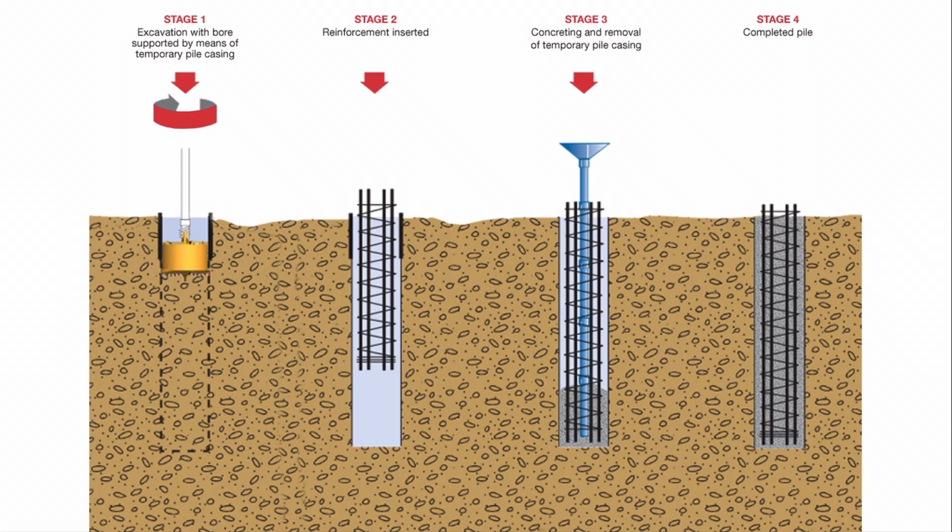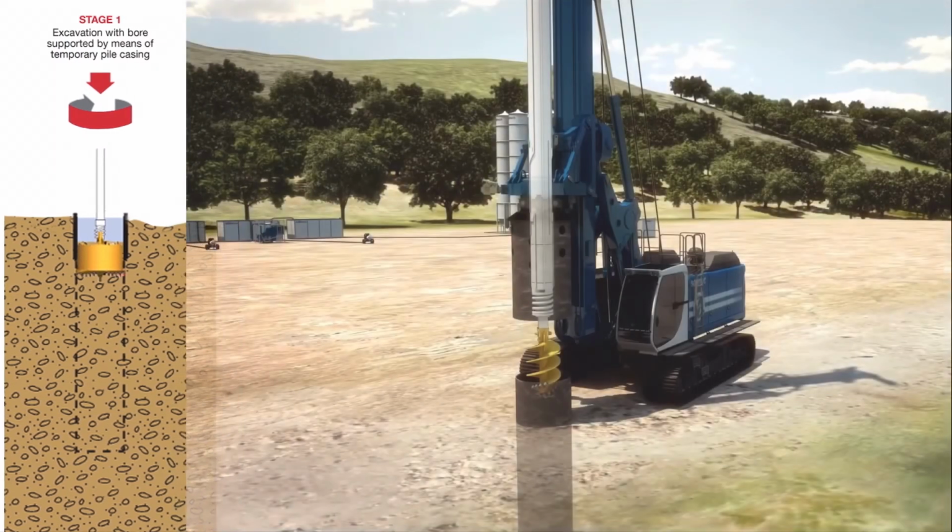They used the rotary bored piling method. This piling method has the advantage of minimal ground disturbance, which means limited risk of damage to adjacent structures. First, excavate the soil to make piles.